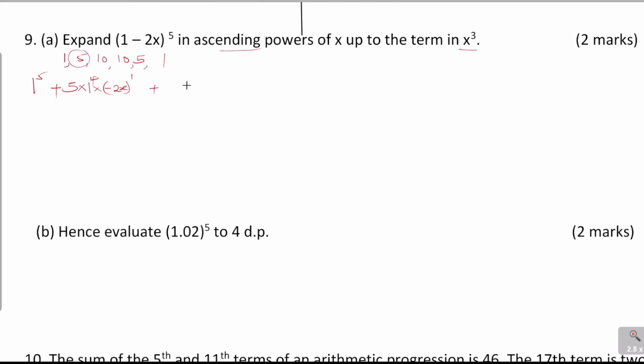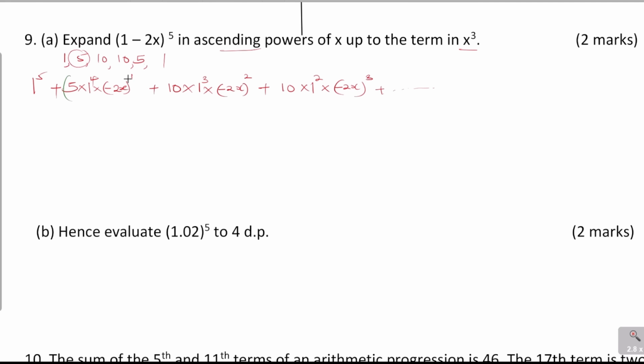Then plus the other coefficient, 10, times 1 to power 3 times negative 2x to power 2, plus the other coefficient, 10, multiplied by 1 to power 2 times negative 2x to power 3. We shall stop there, because this is where we shall have the term in x cubed.